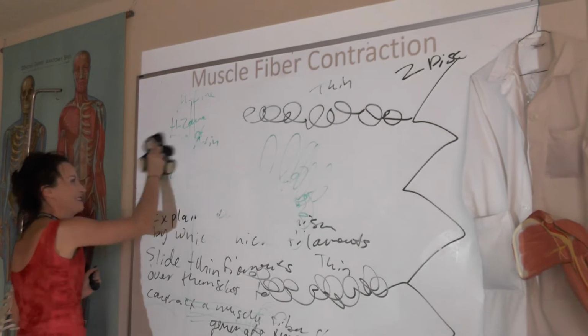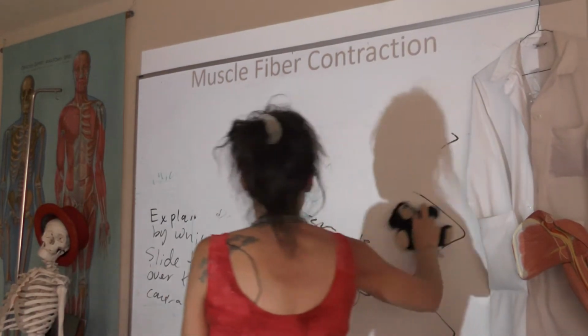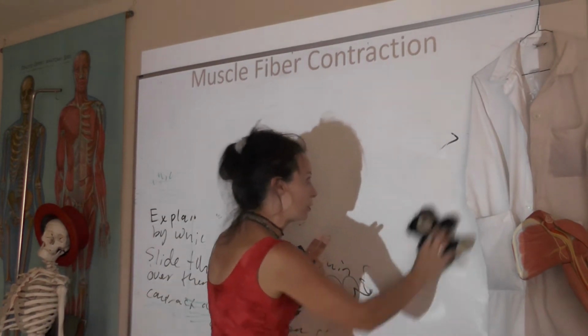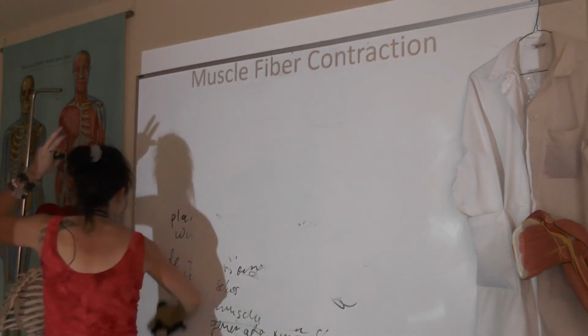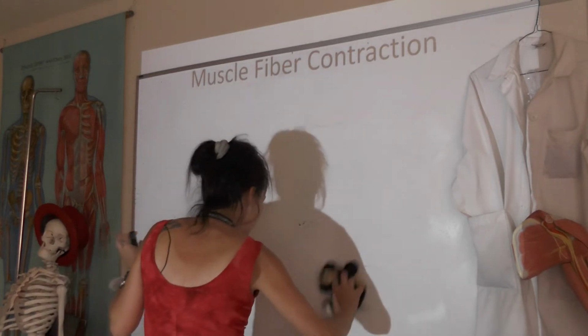And so muscle fiber contraction really can be broken down to these 3 different areas that are involved anatomically. And there's a lot going on physiologically, so that's where it kind of gets confusing.